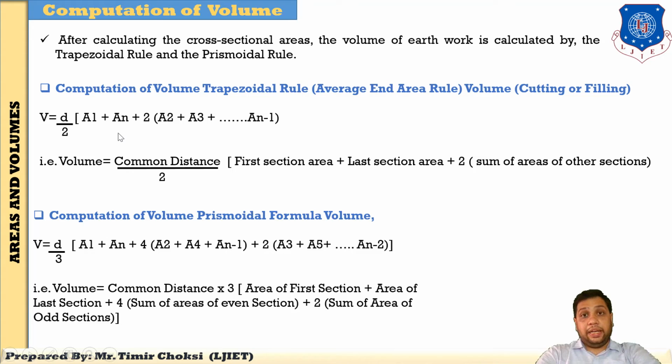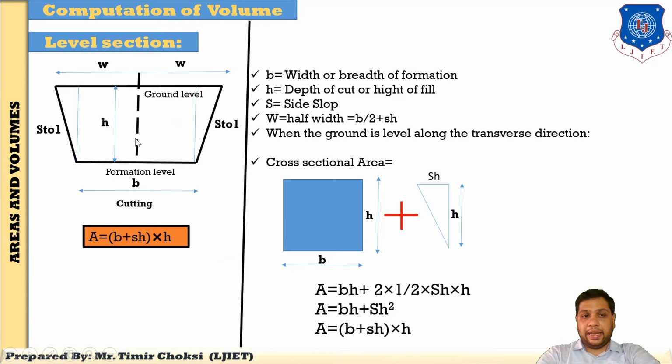You know that for area you used the ordinates: first ordinate plus last ordinate plus 2 in bracket, sum of the other ordinates. But here you use the areas, because you have already found the area from the level section.